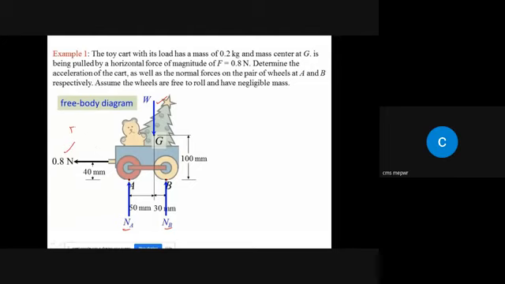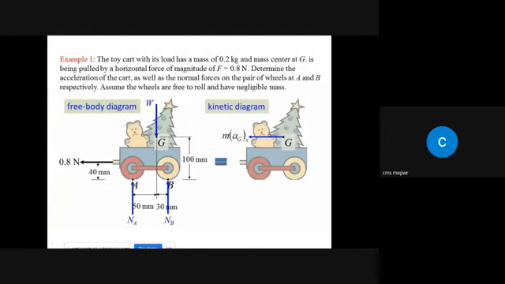We know that F is equal to ma. The motion is in this direction, so the kinetic diagram will show the direction towards the left. At point G, the applied force is replaced by m·aGx. This is the corresponding kinetic diagram.